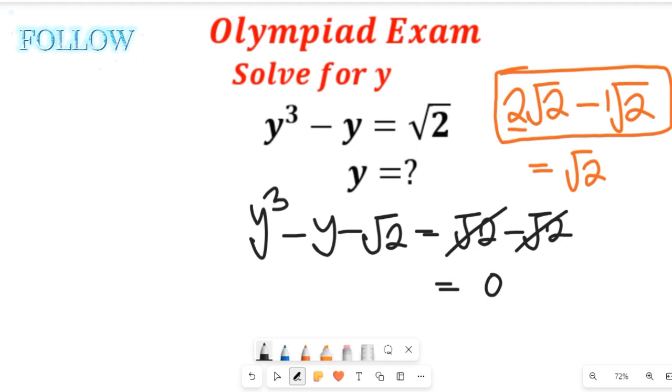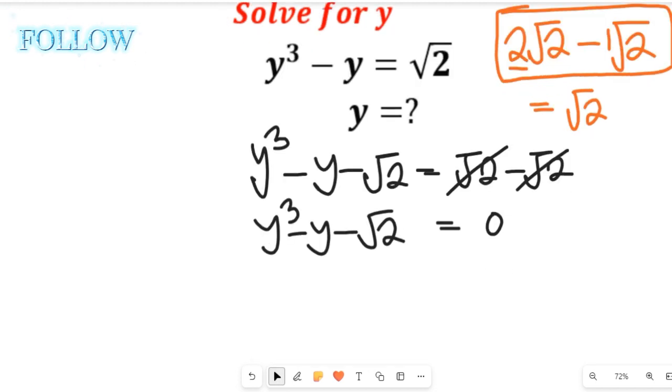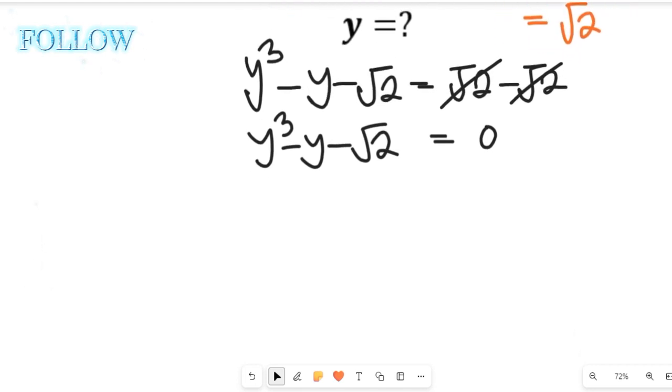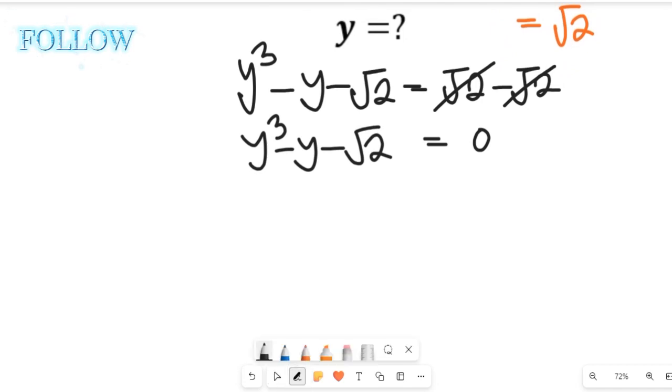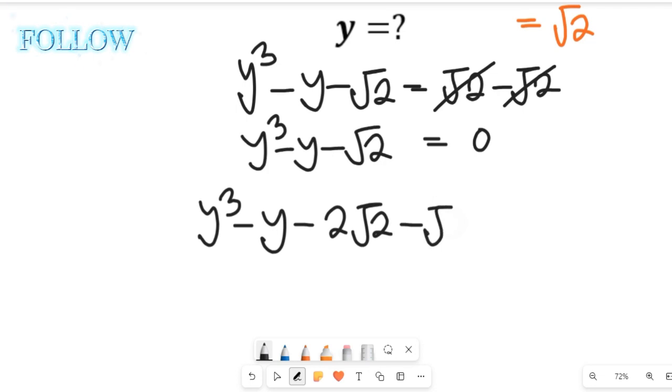So this will be equal to y to the power of 3 minus y minus root 2, and that will be equal to 0. So what we'll simply do is to replace that value for the value of root 2 from the expression. So let's do that. If we replace that value by the value of root 2, we're going to have y to the power of 3 minus y minus 2 root 2 minus root 2, and this will be equal to 0.